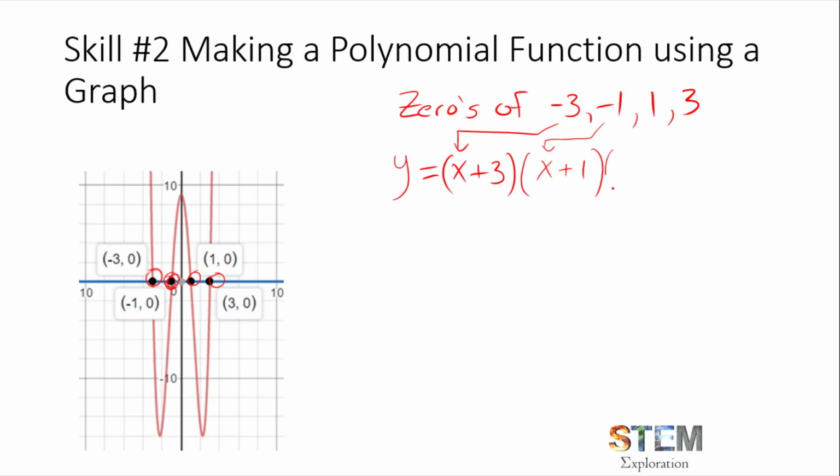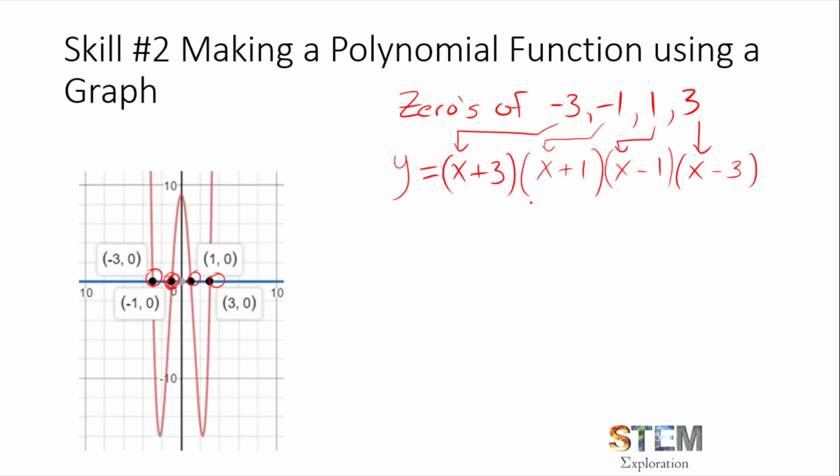We can keep going forward and just say x minus 1. So that would be a situation where we plug this root in, and then x minus 3, a situation where we plug this root in. Okay, so we can literally plug all these components in and find our polynomial function.